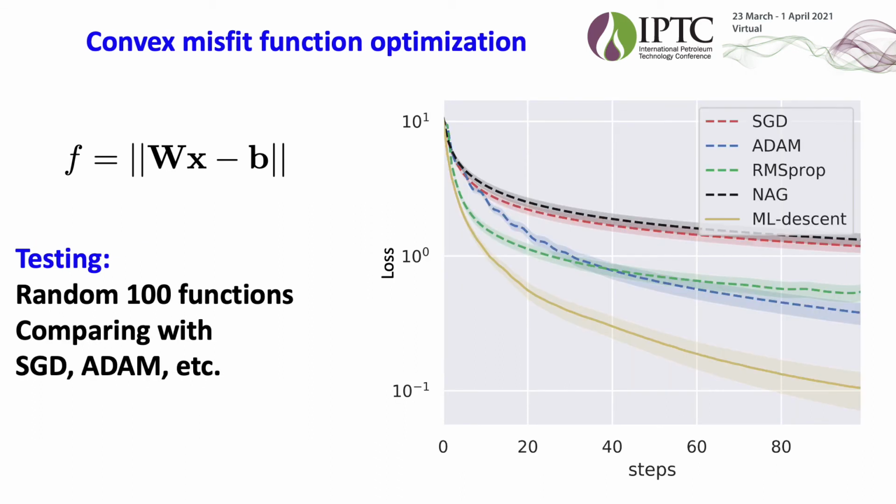After training, we compare our machine learning algorithm with other optimization algorithms, such as stochastic gradient descent and Adam. The results show that our machine-learned ML descent gives the best performance in terms of fast convergence speed and the final smallest residual value.